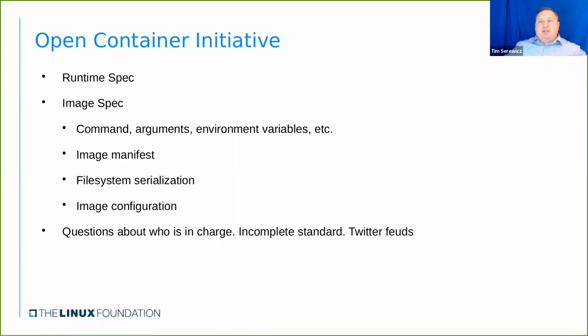So what goes into the manifest, how the file system is serialized or brought together and otherwise kept track of, and the necessary config files that go with an image. This has been around for a while, and Docker actually was very big in helping create the Open Container Initiative. So again, kudos to them for doing that. The unfortunate part, as I mentioned, is that maturity thing where it's like a 19-year-old, it's an incomplete standard.